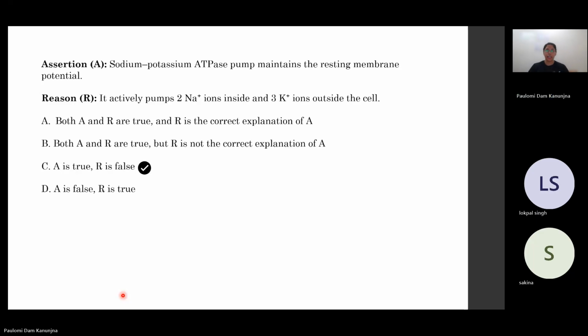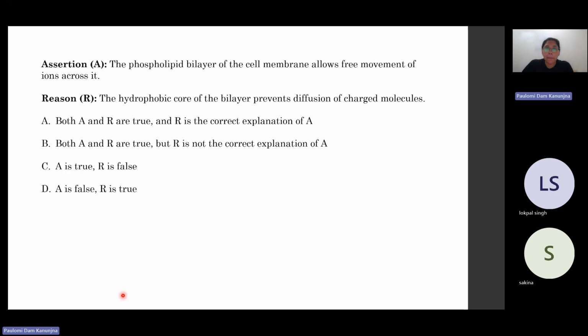Next. The phospholipid bilayer of the cell membrane allows free movement of ions across it, and the hydrophobic core of the bilayer prevents diffusion of charged molecules. Read very carefully which statement says what.